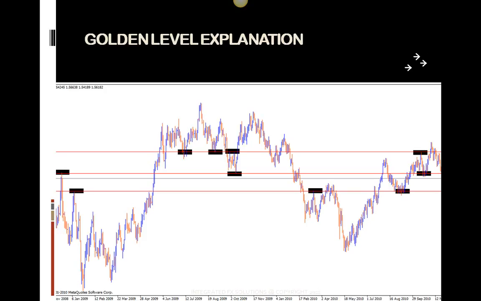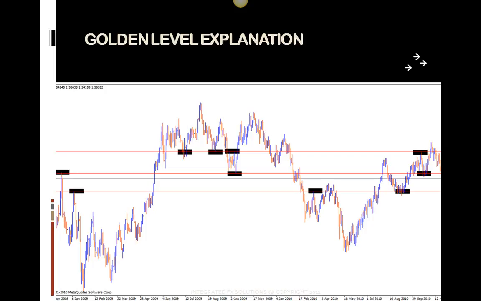Now the first level, the first box represents a support level, and we can see the price was rejected and bounced up. It rallied after the support. Price came to that support again the second time, as you can see indicated with the box, and the support too was holding.